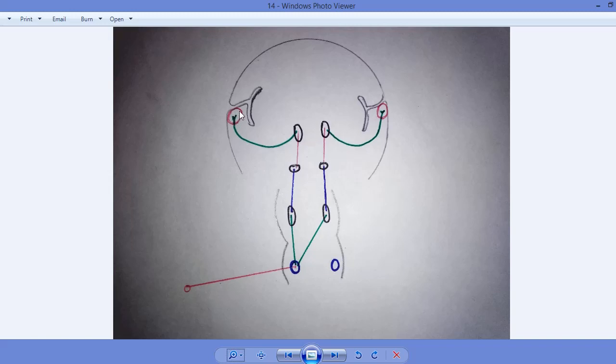In the lower operculum of the temporal lobe of the cerebral cortex. So in the lower operculum of the temporal lobe, the auditory area is there, and this auditory cortex is responsible for the reception and interpretation of various sounds, of various voices.